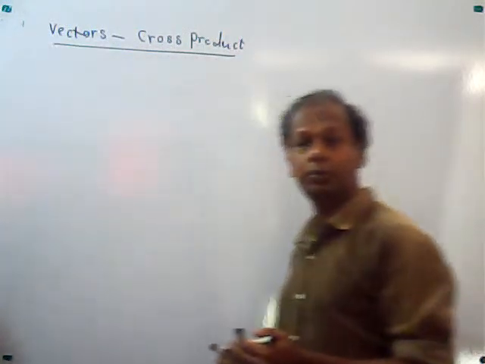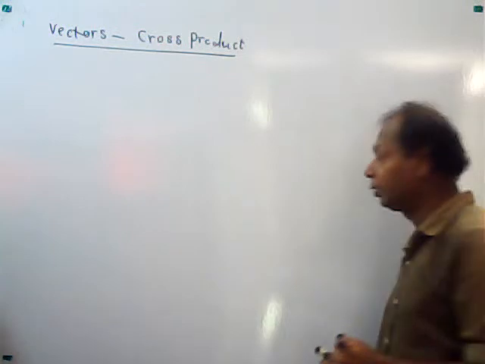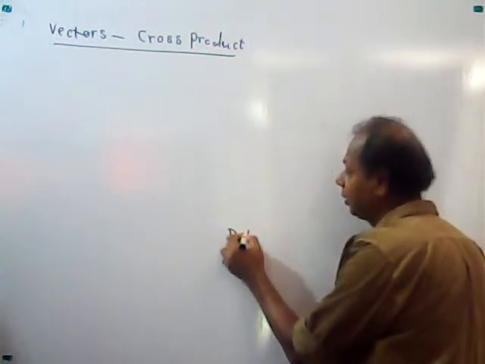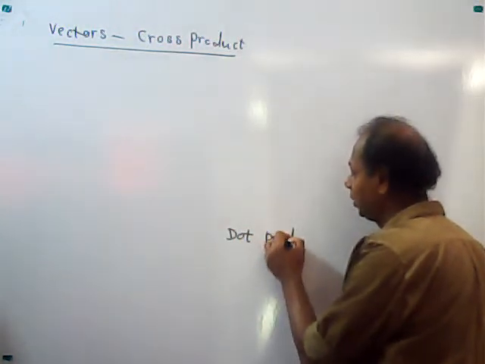Right. Before coming to cross product, we did the dot product in vectors. Dot product of two vectors.